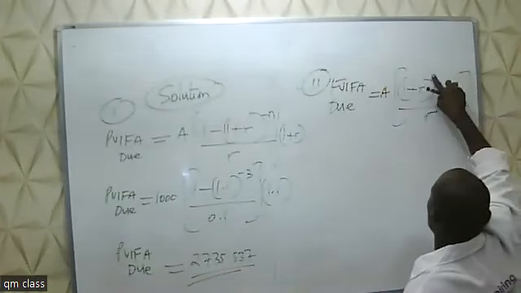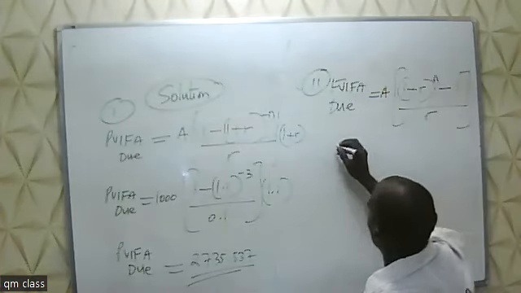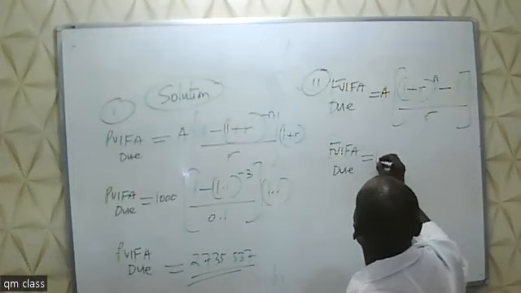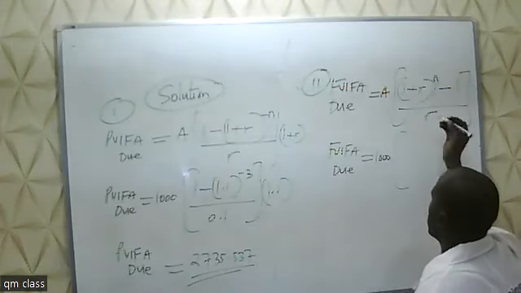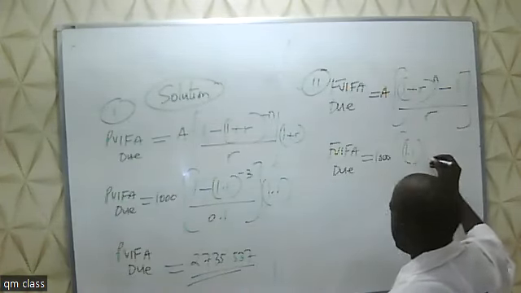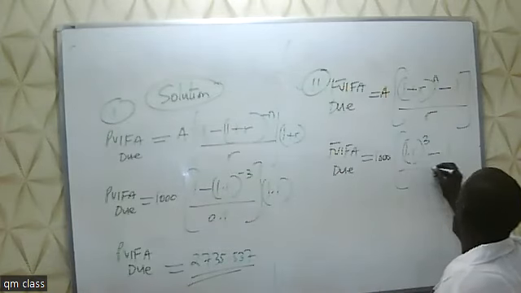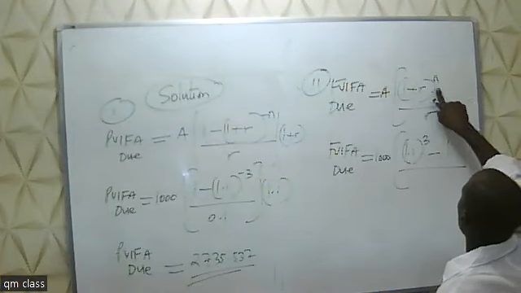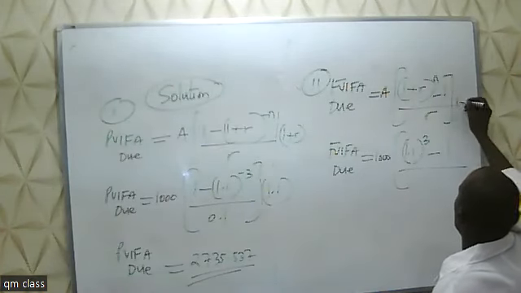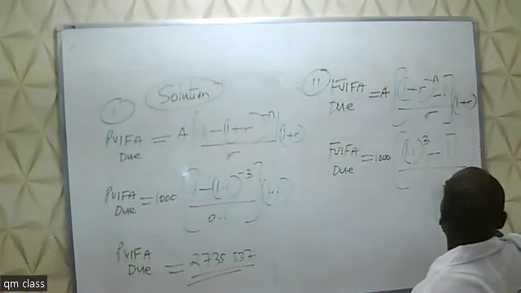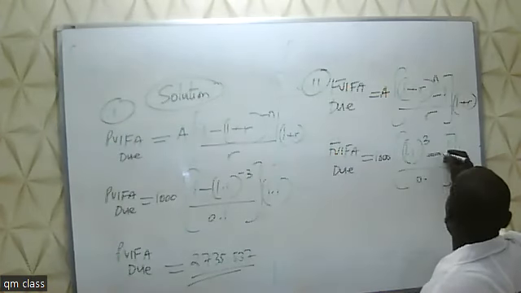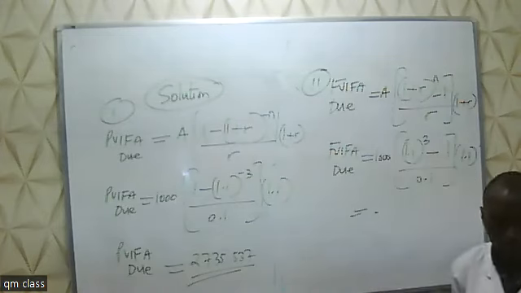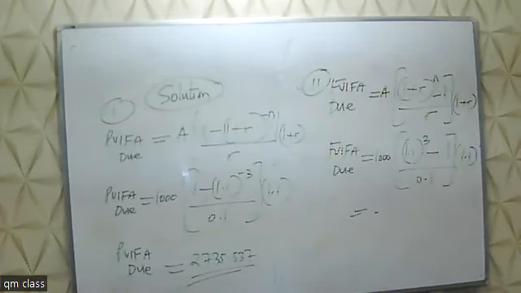So the amount is 1,000, the rate is 1.1, the power n is 3 minus 1, over 0.1, and here we need to multiply by 1 plus r, which is 1.1. So you can find the figure there as we get to the amount.